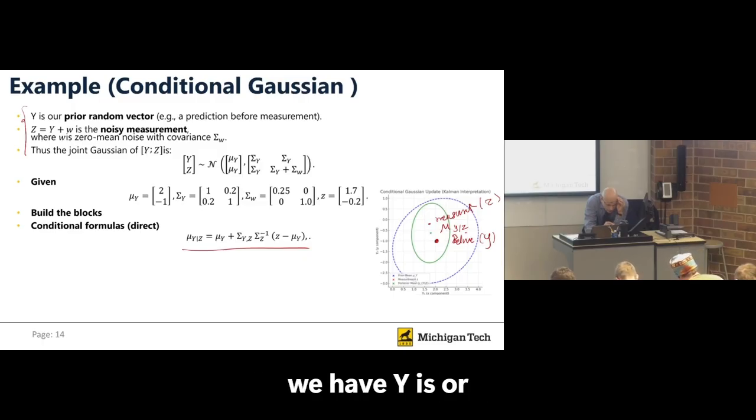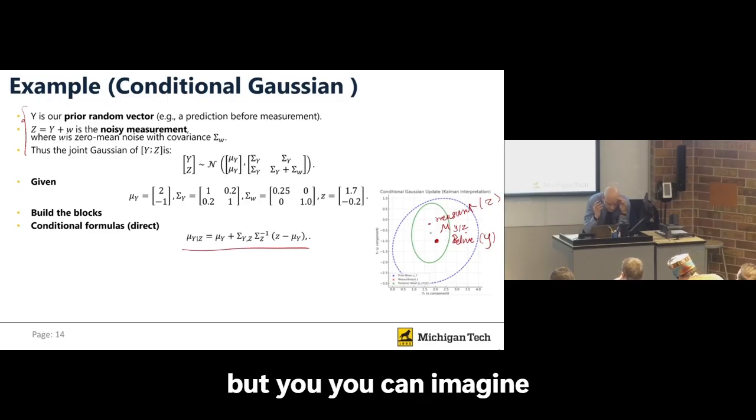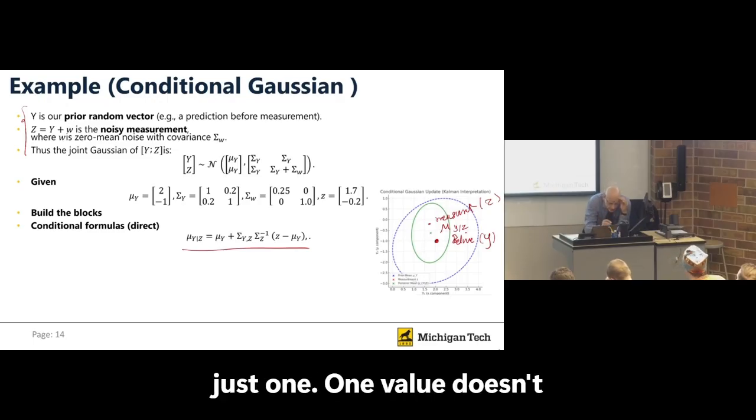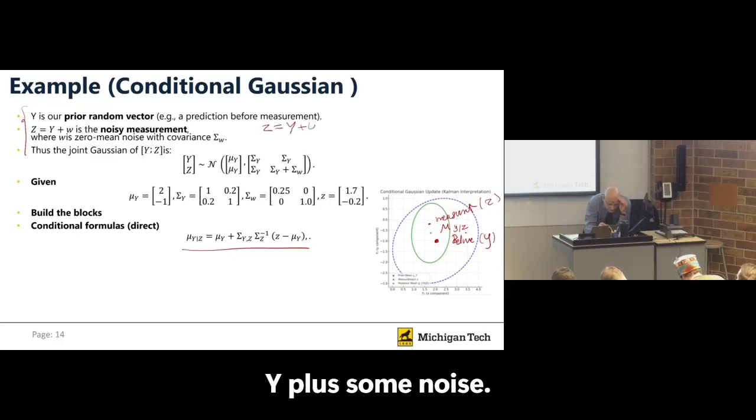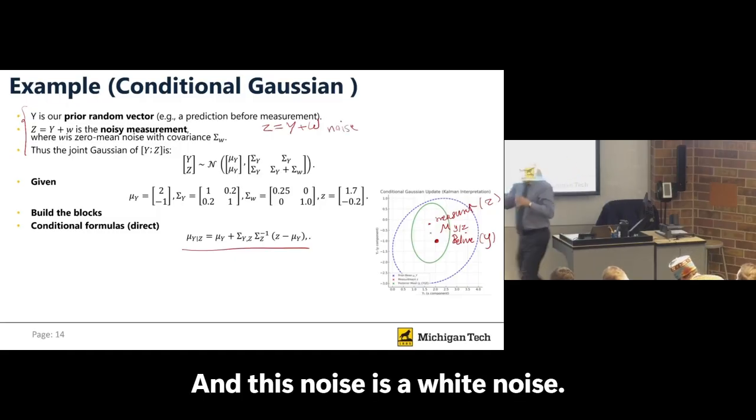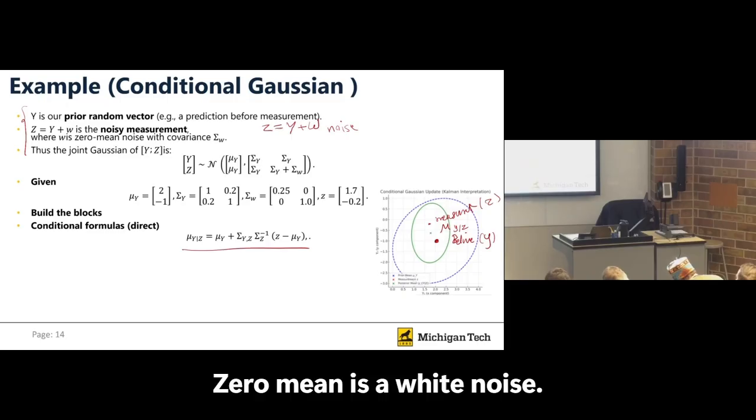Y is our prior random vector. I call it vector here, but you can imagine just one value. It doesn't matter. And z is the measurements. Measurements is y plus some noise. And this noise is a white noise, zero mean.